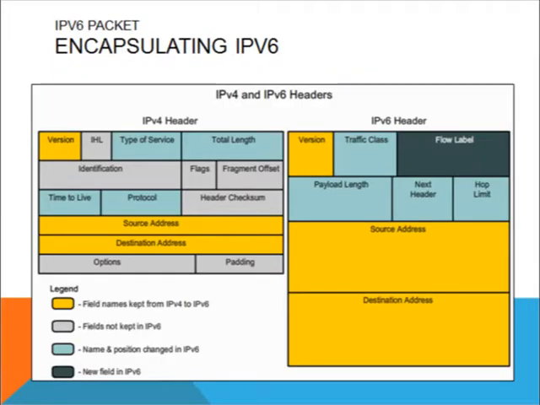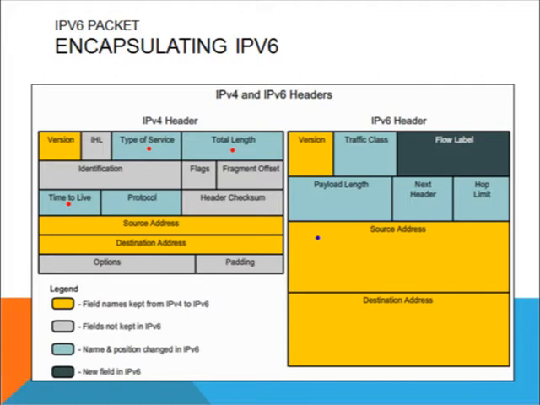When we compare the IPv4 and the IPv6 headers, this is the comparison. On the left hand side, the IPv4 header consists of many different fields such as your type of service, your total length, time to live, and so on. On the other hand, the IPv6 header on the right hand side is very much simplified compared to the IPv4 header.